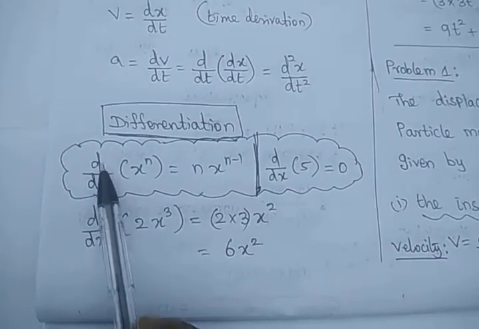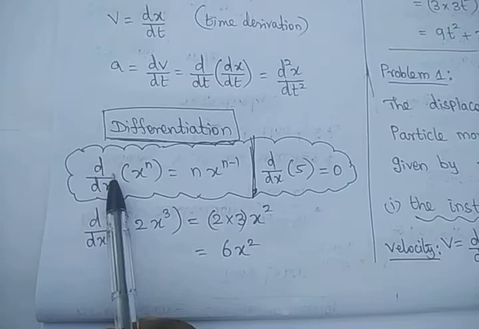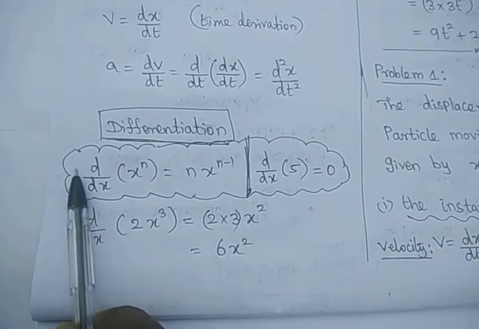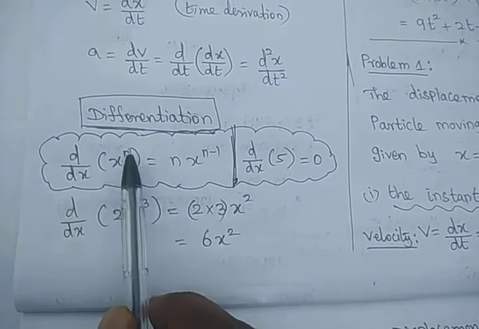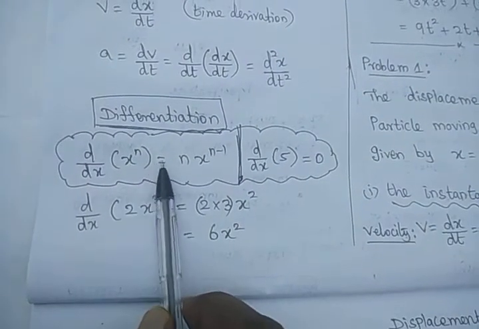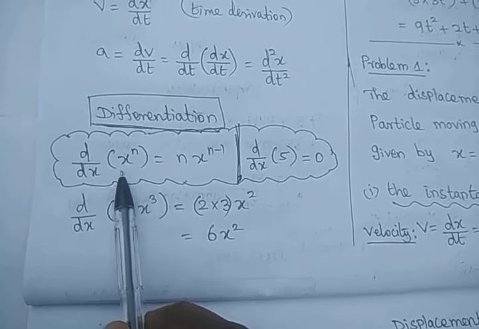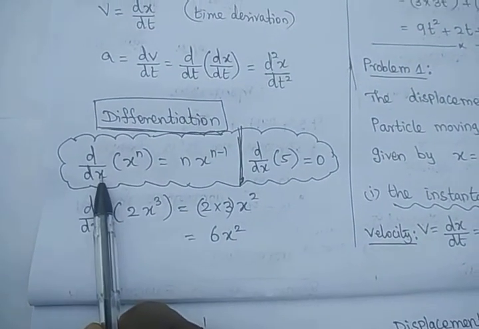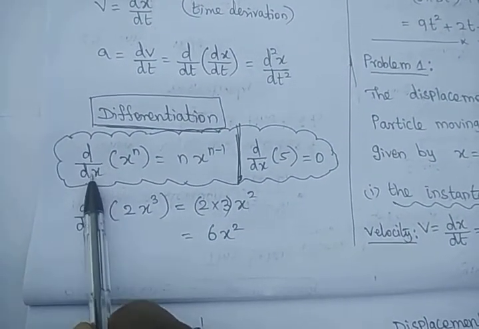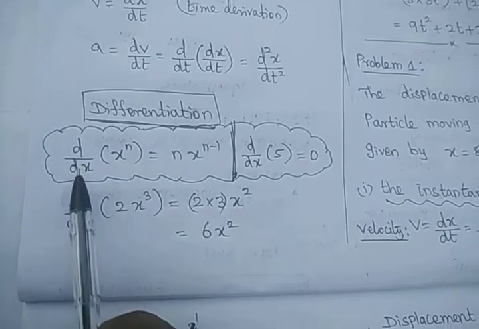Let us consider d by dx. d by dx is a differentiation function. x power n is a polynomial, a variable that changes. So we are going to differentiate with respect to x, taking it as a one-dimensional case.